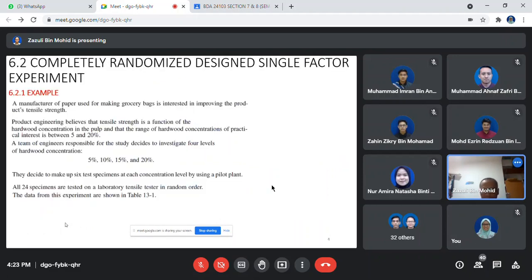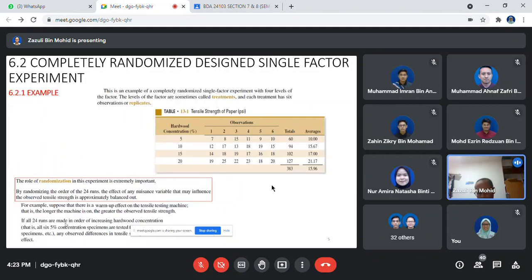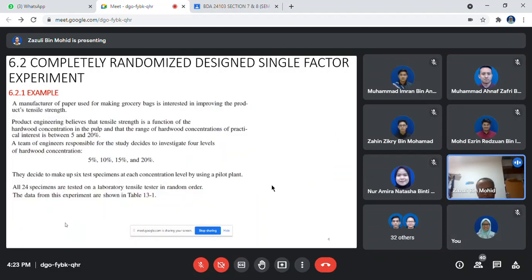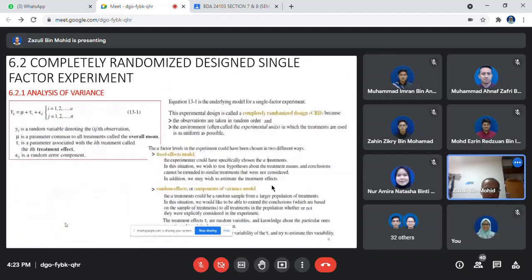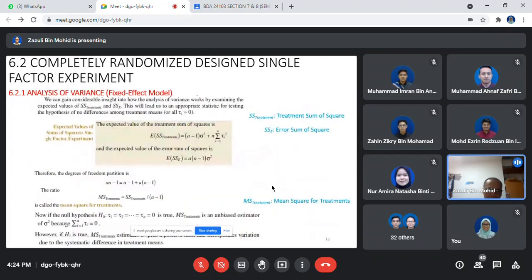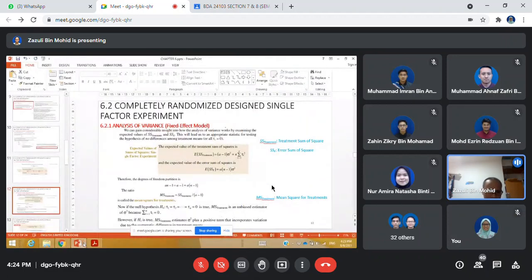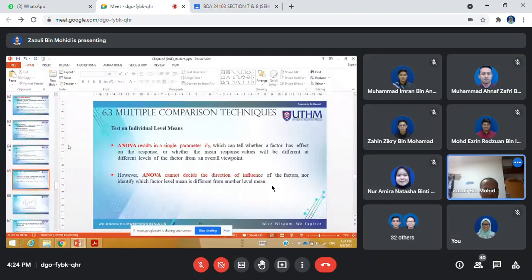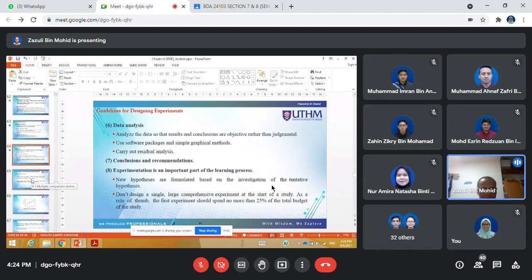The next contents in the second slide of chapter 6 are quite similar to the first slide provided previously. So this is the first slide. We have an explanation on how we are using ANOVA.